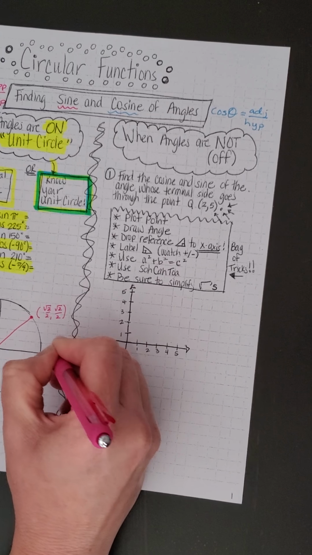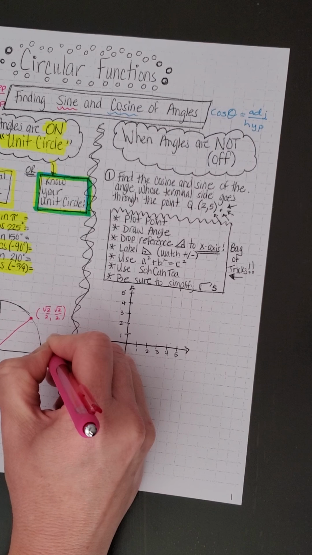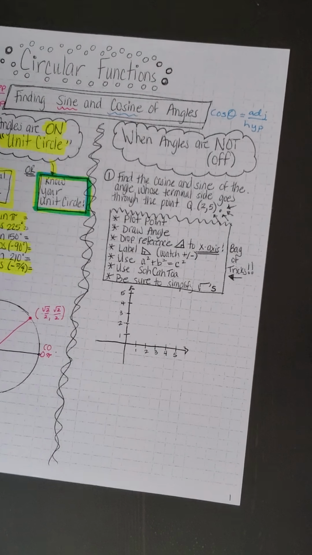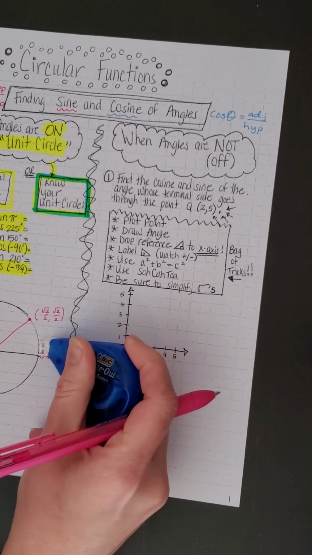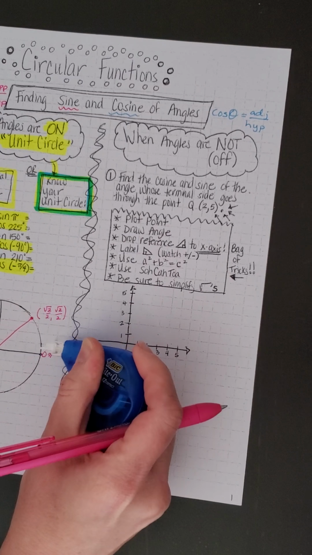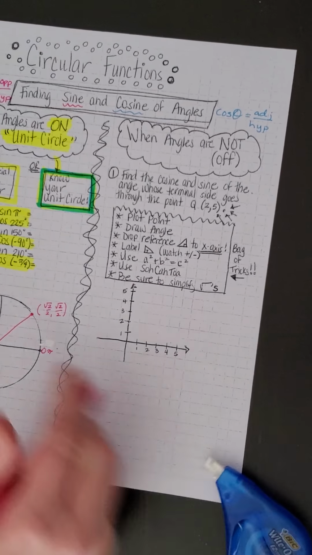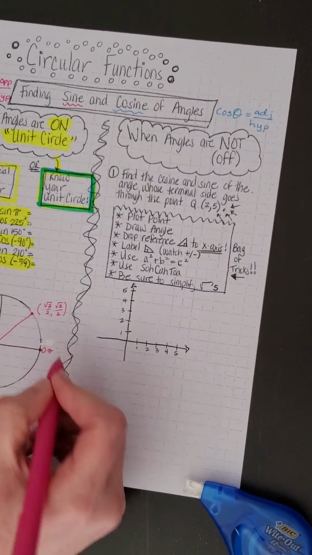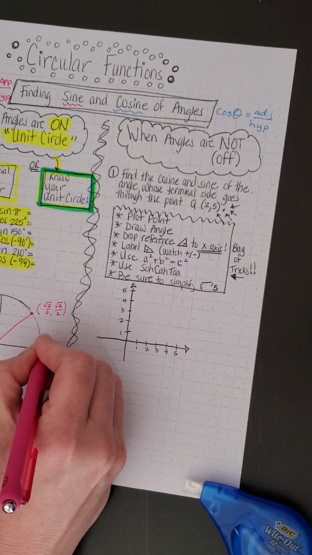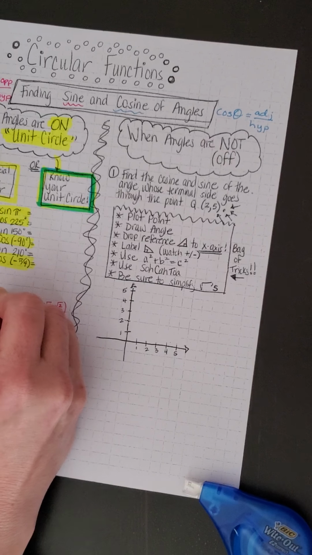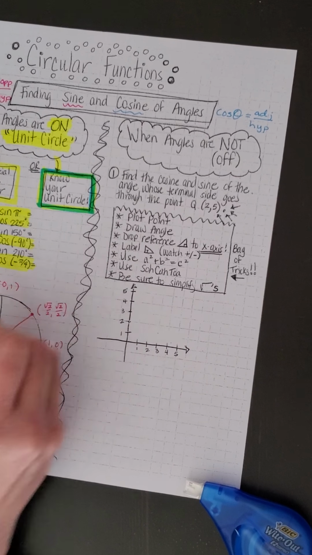Oh, this was 1, 0. Let me fix that. Remember, the radius here is always 1, so the distance from here to here, our x value, is 1. So 1, 0. This is 0, 1.